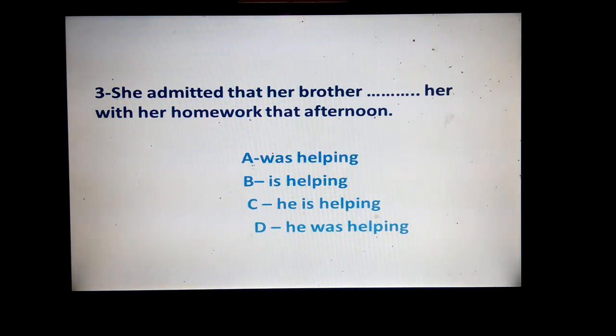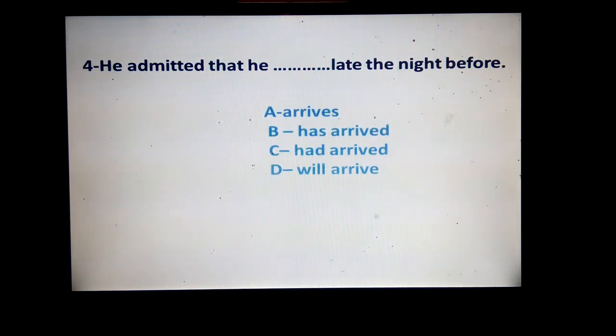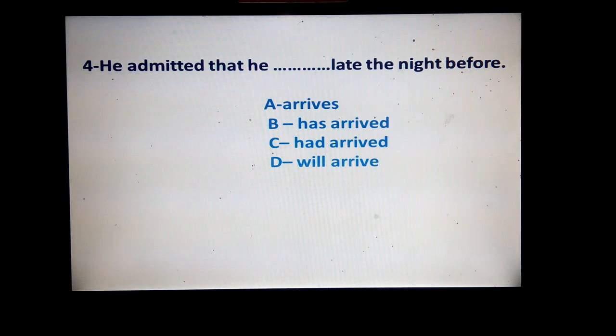She admitted that her brother blank her with her homework that afternoon. Was helping. He admitted that he blank late the night before.